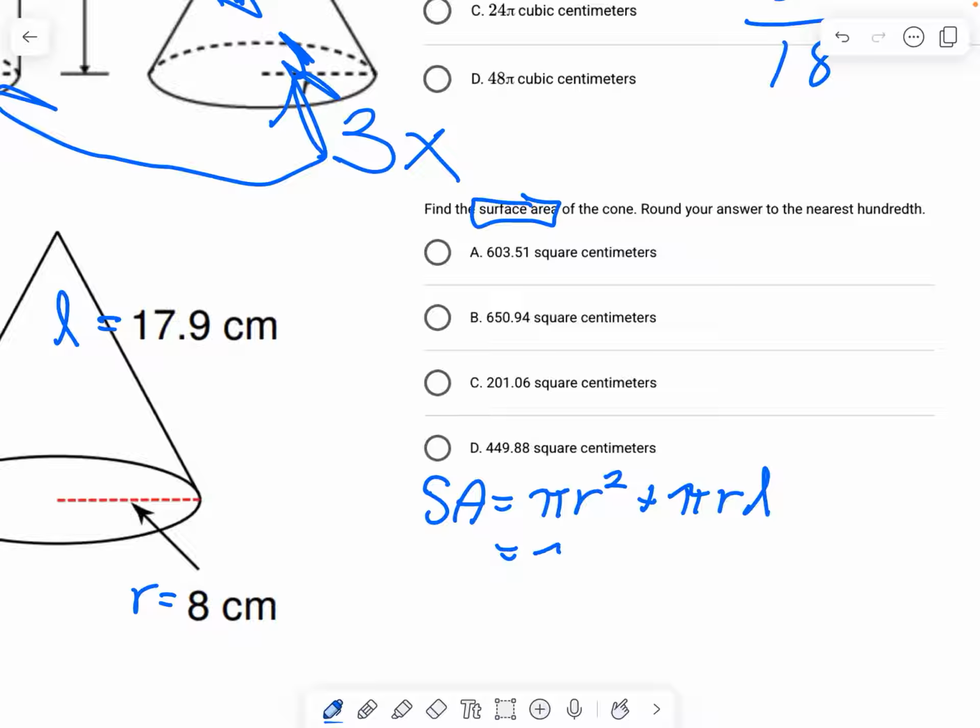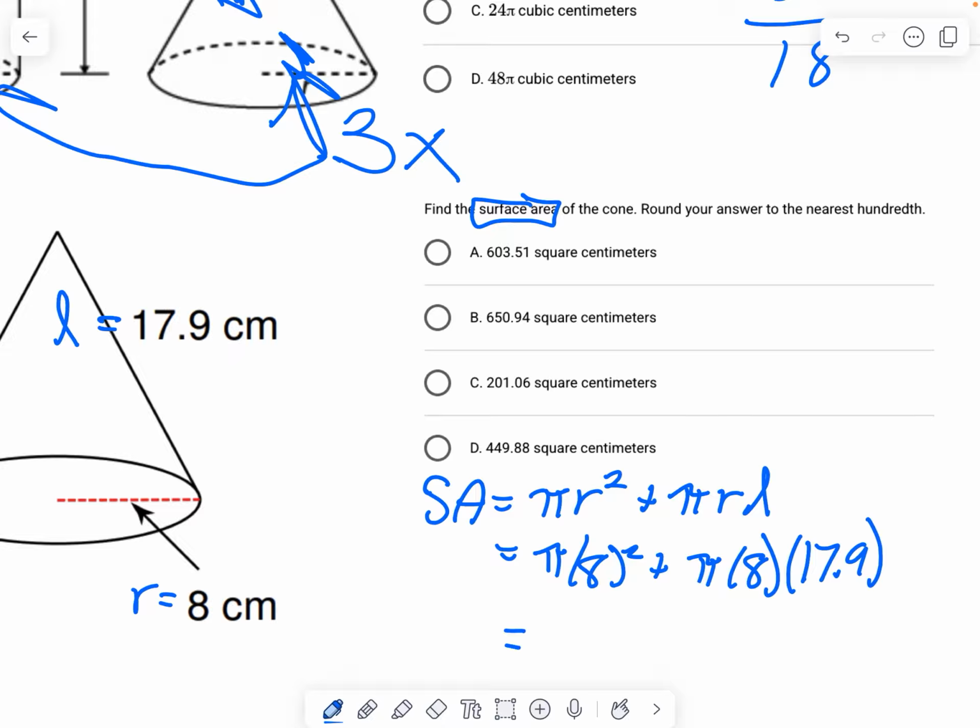So pi times 8 squared plus pi times 8, and then my lateral height is 17.9. So if we plug that exactly into the calculator, what do we get? Sorry, I'm just plugging that in right now for myself.